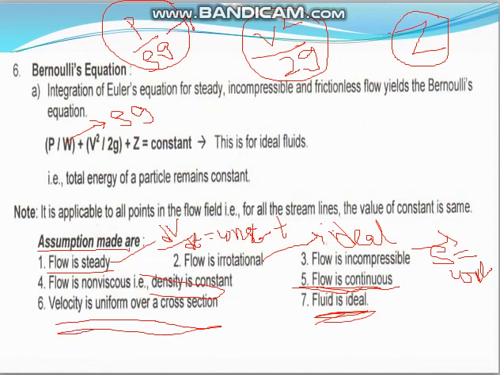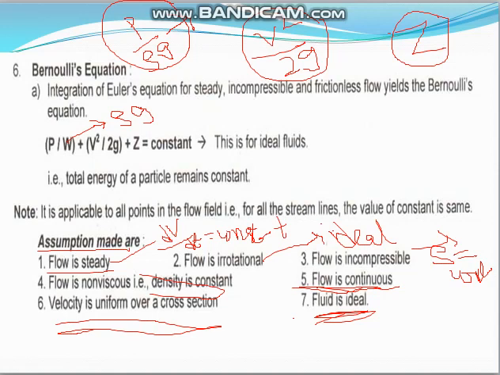Finally, the flow is ideal. So these are the assumptions which are made in Bernoulli's equation. One is the flow is steady, that means the fluid characteristics like velocity and acceleration do not change with time. Another one is irrotational: liquid particles, while moving in the direction of flow, do not rotate about their center.